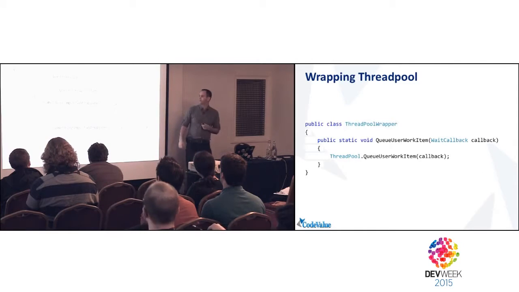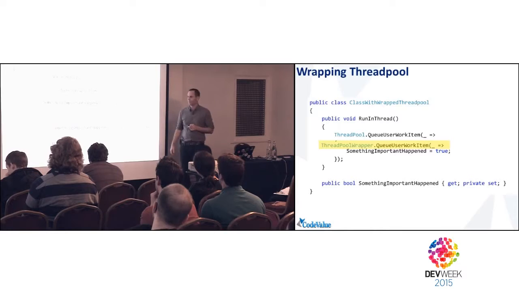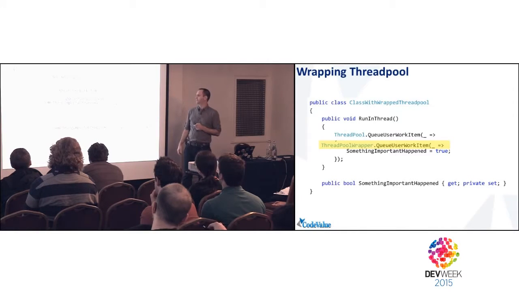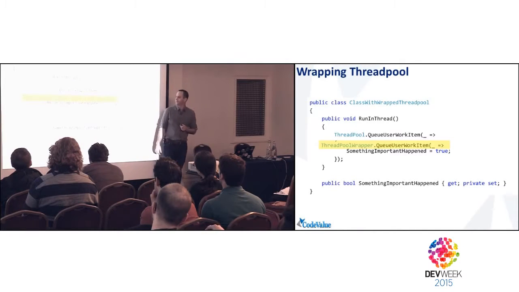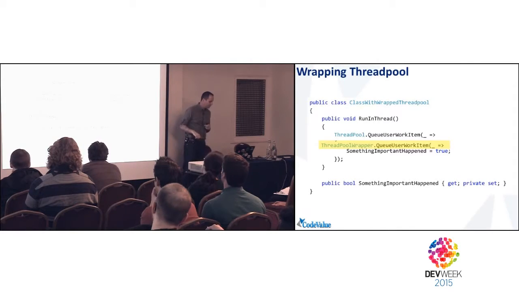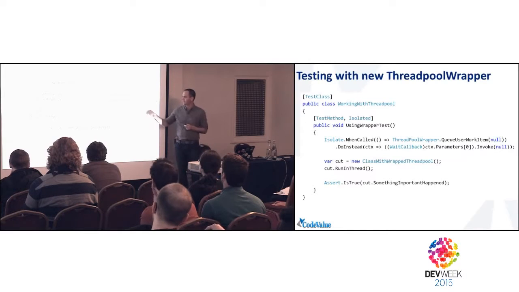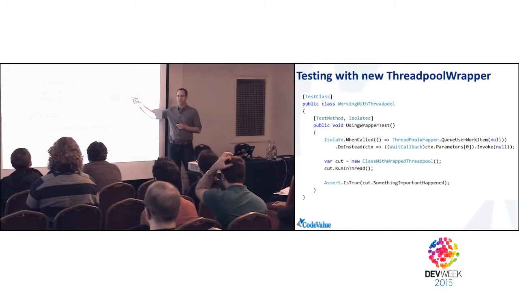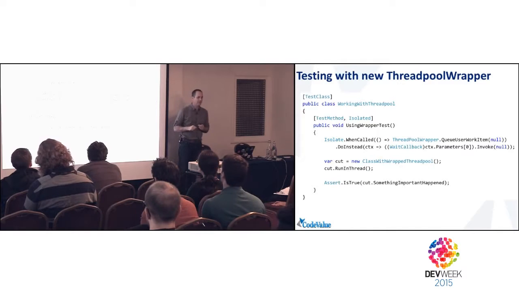And then I go to my production code and do a small sin. Instead of using a thread pool, oops, I use a thread pool wrapper. I'll change that line with that line. And that way, when getting to my test, this being my test, I can actually set a behavior on that thread pool.